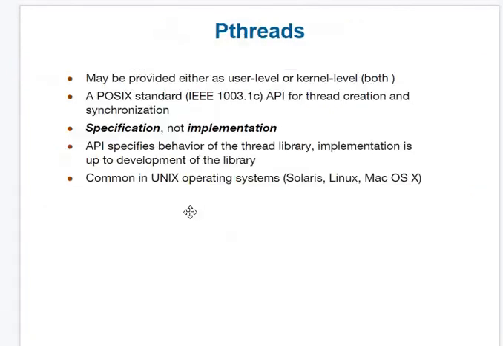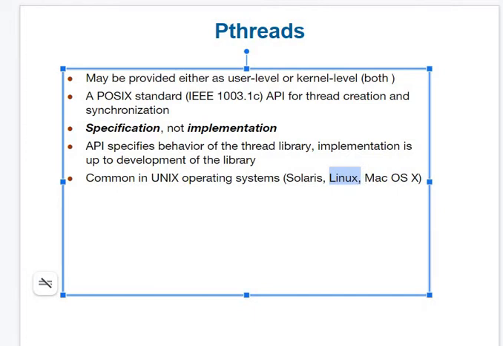Now the question: what do you mean by POSIX threads? First thing, POSIX is going to happen only in a Linux type of environment. First and foremost, a Unix or Linux type of system.